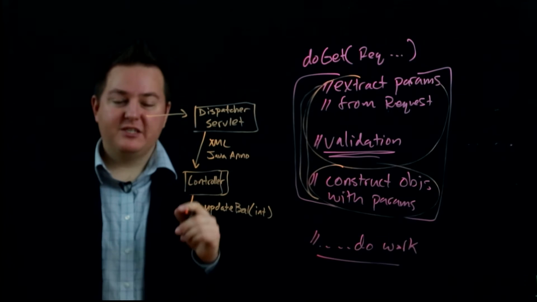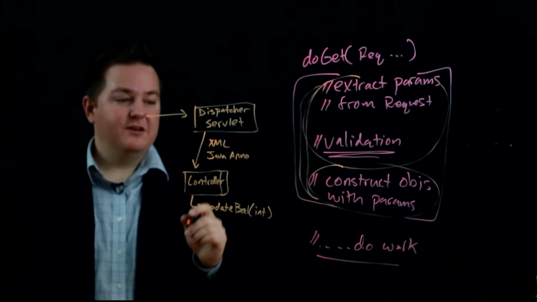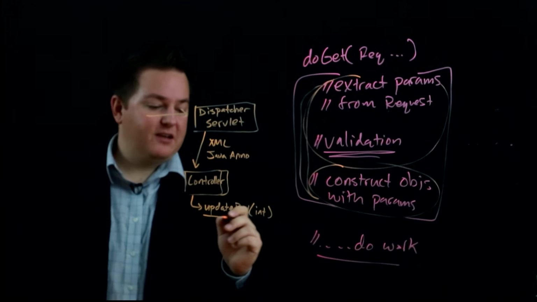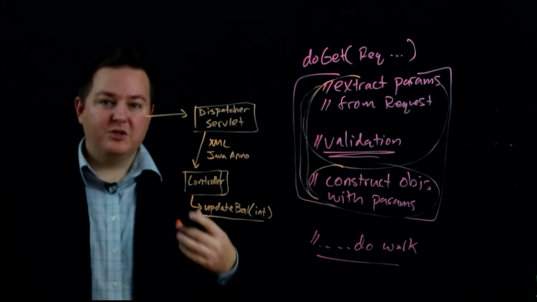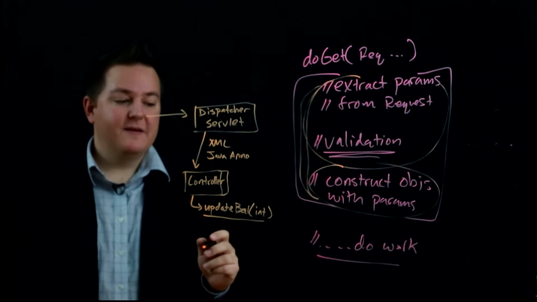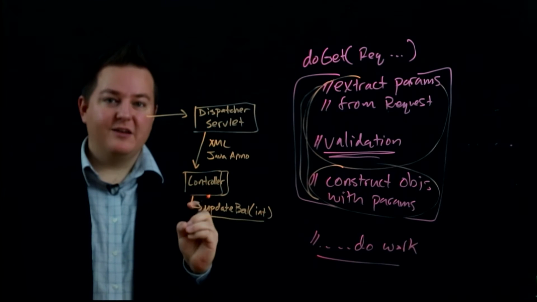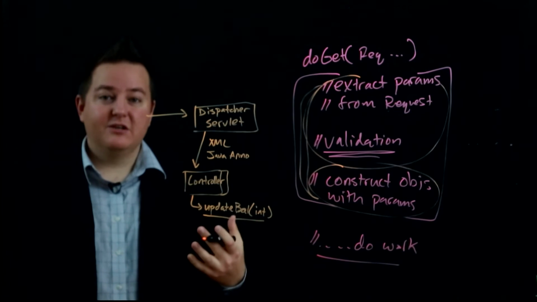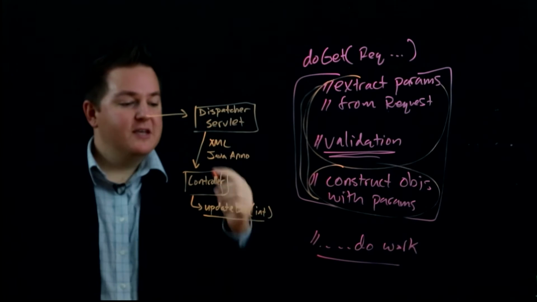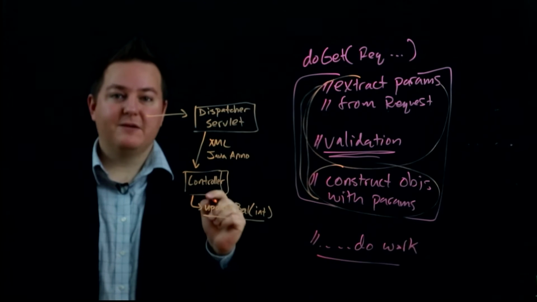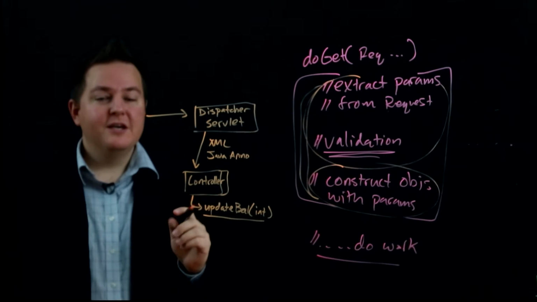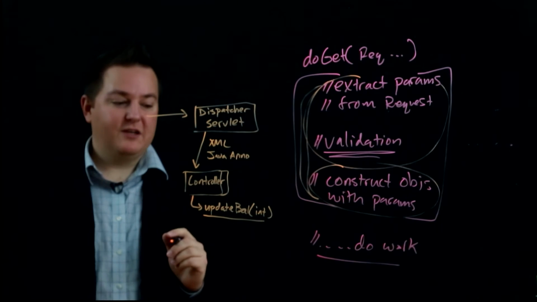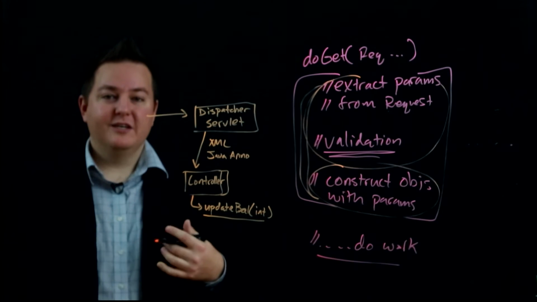So rather than just having a single doGet method within this controller, let's say that handles GET requests, we can have specific methods that have arbitrary names like updateBalance. And then we can specify that whenever a request to a particular path or that meets some series of conditions comes in, it should be routed to this specific method. Now, we have a lot more routing flexibility in the Dispatcher Servlet than we do in traditional servlets.